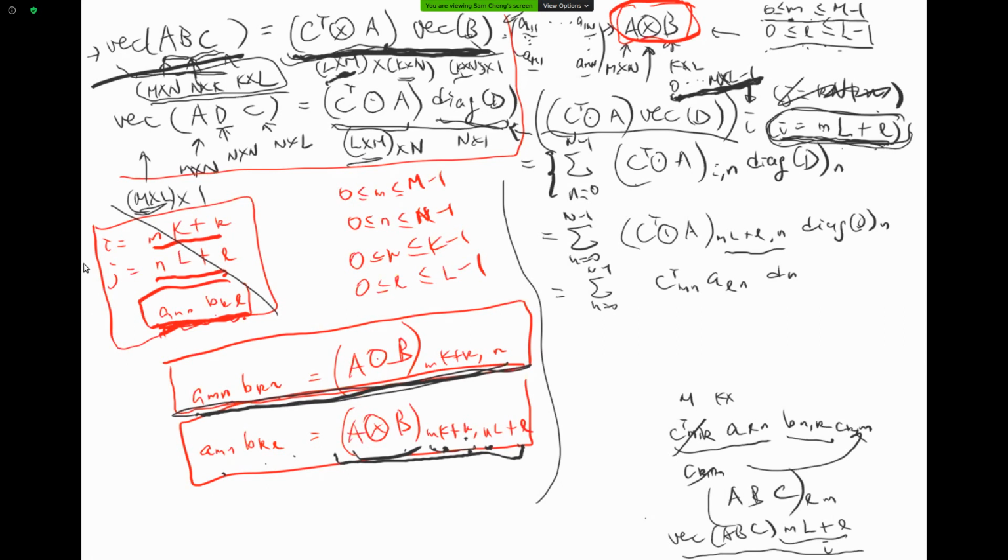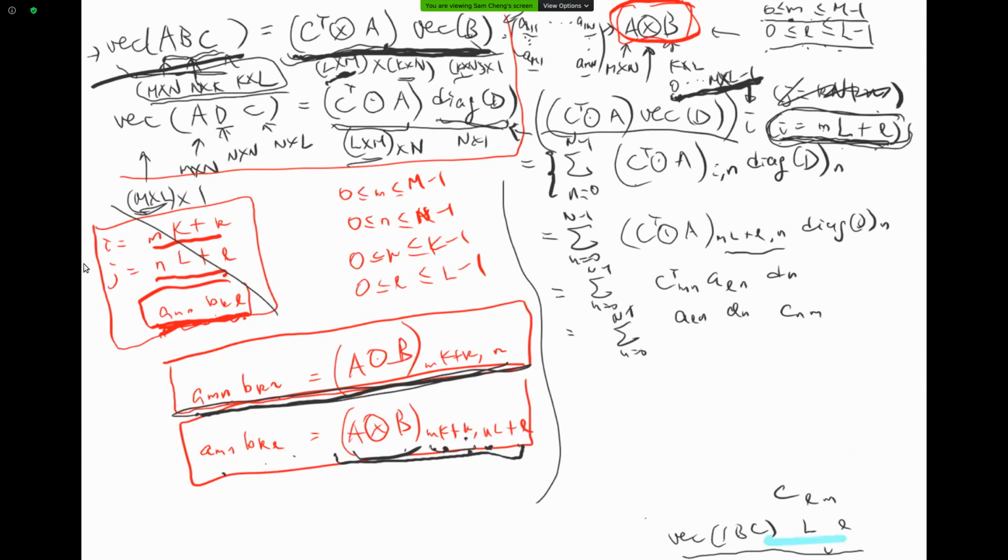Of course, this is then just equal to dn times c times ALN times CNM. Actually, it's easier to put the dn in the middle: ALN dn, sum of n equal to 0 to n minus 1. Then it's already clear this is precisely the product A times D times C.